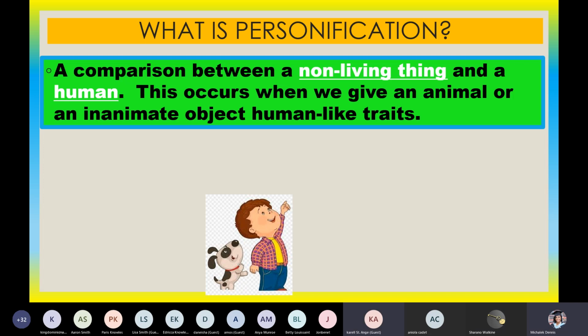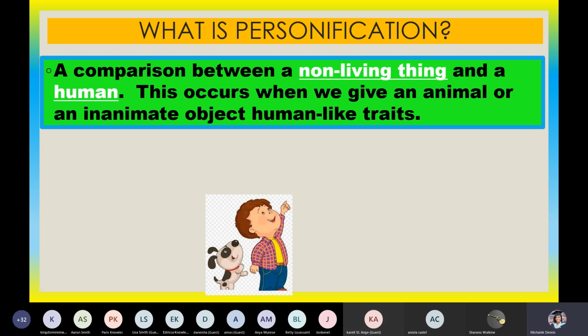Okay, students, so we have personification, a comparison between a non-living thing and a human. This occurs when we give an animal or an inanimate object human-like traits. Now, so we were giving non-living things human-like traits or qualities, right?